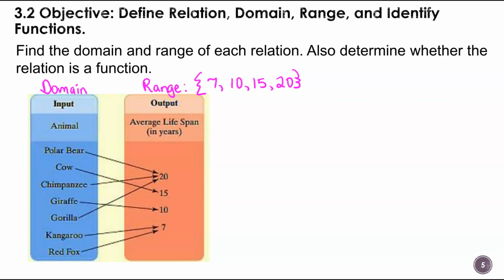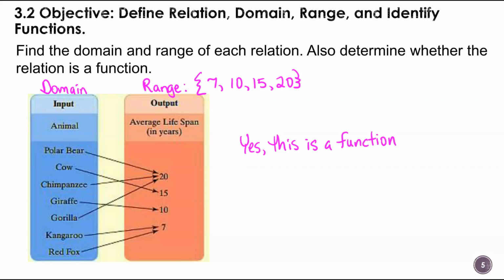And so for this, in my relation, every animal is paired with only one lifespan, right? Polar bear's 20. A cow's 15, a chimpanzee is 20. But notice the animal, the domain, the x coordinate is not repeating. Okay, so yes, this is a function.